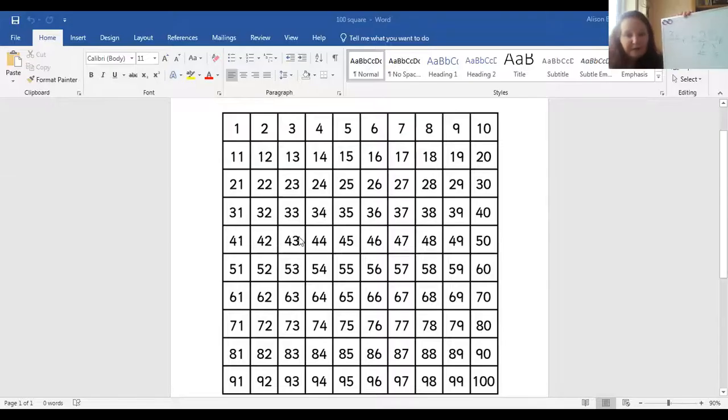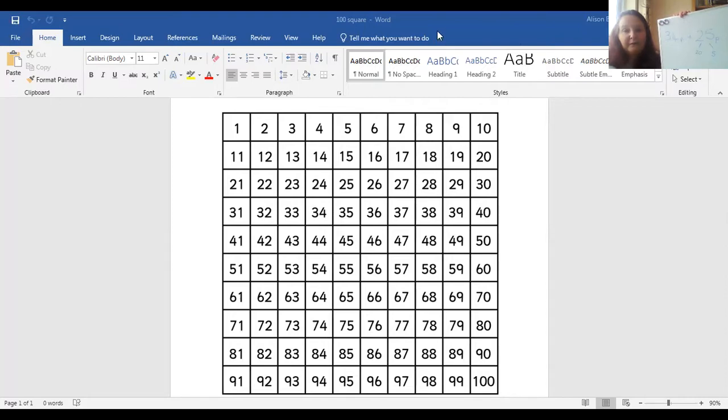So here's my 34 right in the middle here. You see that? 34 right there. And we're going to add on 25. 10, 20, and 5 little ones. 1, 2, 3, 4, 5. And my answer is 59.